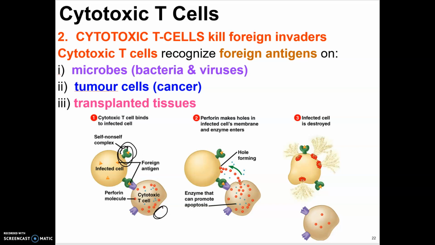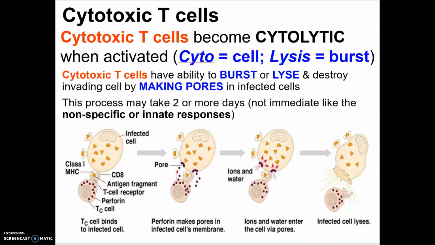It binds, and then from the cytotoxic T cell, it releases these compounds called perforins, and these perforins go and attack the infected cell, and they make pores, little tiny holes all over the surface of the cell. And you can see up here, once those perforins make these holes, then the cell contents spill out, and as a result of that, the cells will die. If the cells die, then we also kill the pathogen in the process. So that's how a cytotoxic T cell generally works.